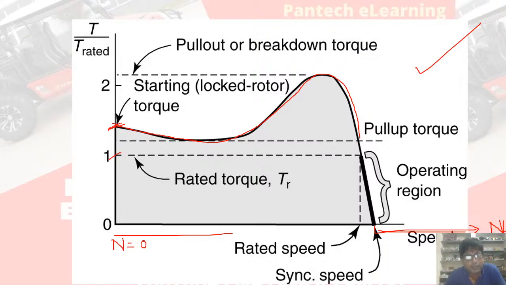So first it is getting accelerated, and then it is slightly coming down. Once it is coming down, again the relative speed between the rotor and the stator rotating field flux is increasing. Again more flux lines are cut by the conductor. Again voltage is high, again current is high, again torque is high. It is trying to go up again.